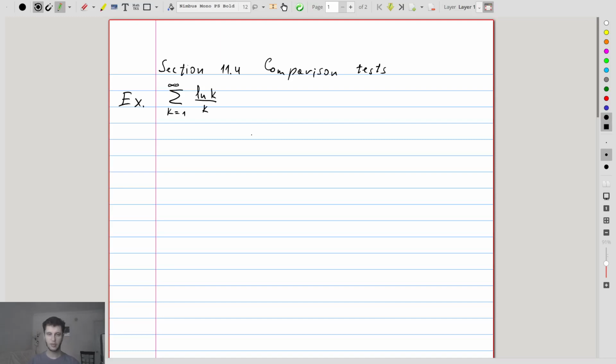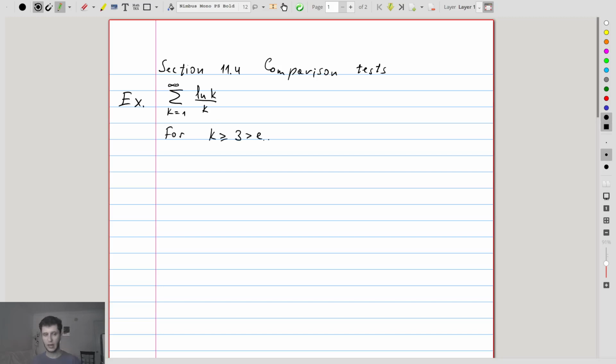I mentioned in the previous section that this specific series, the sum of log k over k, doesn't necessarily require invoking the integral test in order to determine its convergence. And so what I meant was the following. For k bigger than or equal to 3, bigger than e, right?